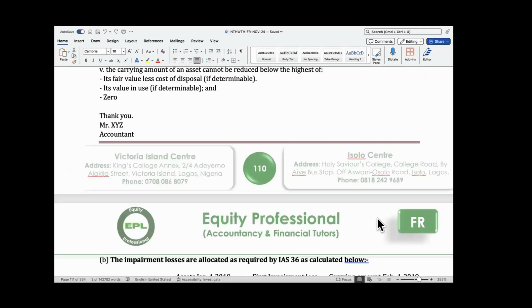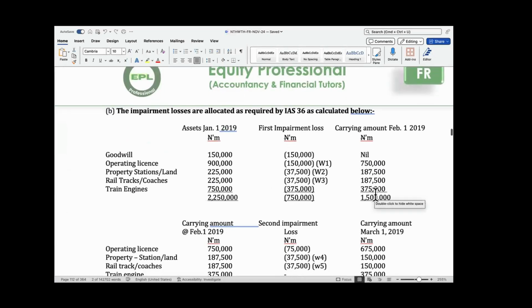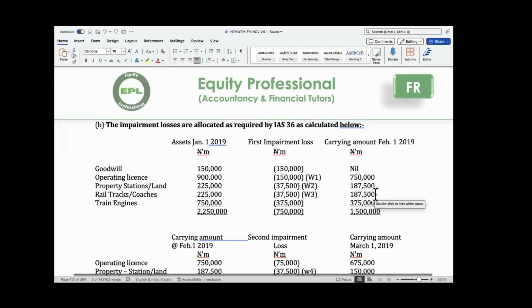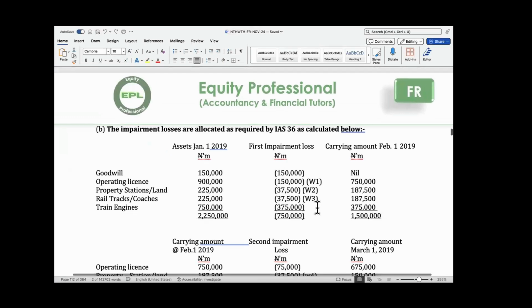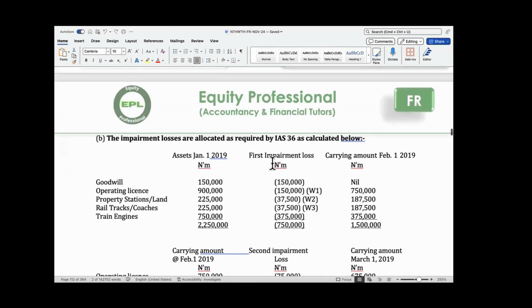Okay, let me show you. So now I've gotten 750 from what I've explained to you, 2.2 minus 1.5. Now, this 750 impairment loss should be allocated to those assets. These are all the assets: goodwill, operating license, property, stations, road tracks, then train engine.